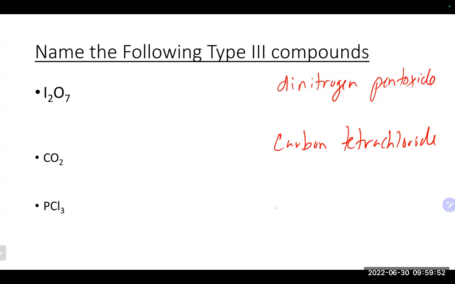Let's do some dioxygen tribromide. Could be making these names up. I probably am. All right, so names on the left there, formulas on the right. Okay, let's take a look.